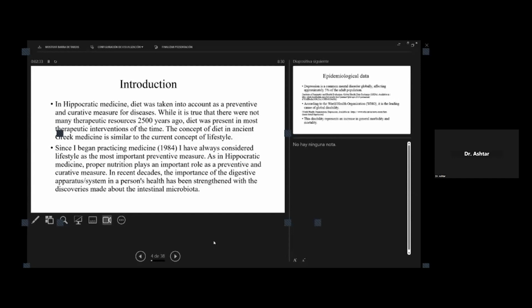Since I began practicing medicine in 1984, I've always considered lifestyle the most important preventive measure. As in Hippocratic medicine, proper nutrition plays an important role as a preventive and curative measure. In recent decades, the importance of the digestive system in a person's health has been strengthened with the discoveries made about the intestinal microbiota.